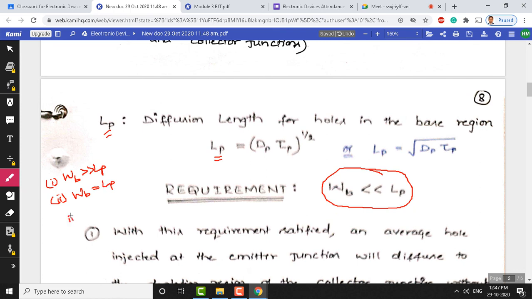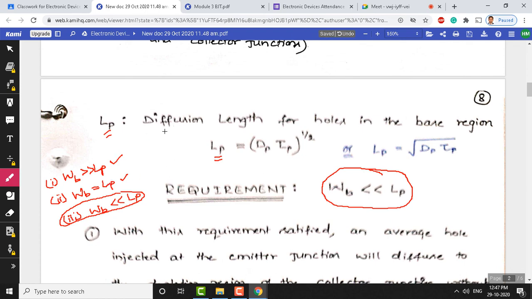And case 3, we are going to discuss when you make WB very much less than the diffusion length for holes, what is going to happen. Expected is this for a good PNP transistor, but we also need to discuss other cases like WB far greater than LP and WB exactly equal to LP here. Okay, we will discuss all 3 cases here.